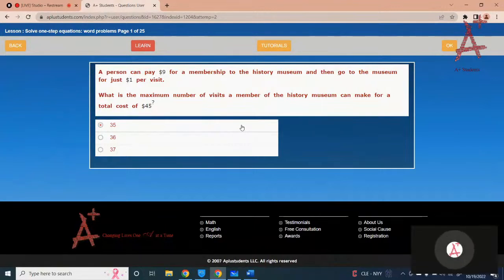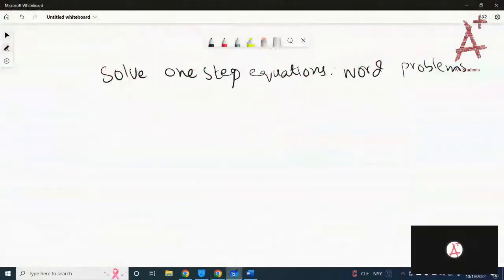You need to use a variable here, that is $9 plus 1 times y, and they are equal to 45. So you have to find the value of y.